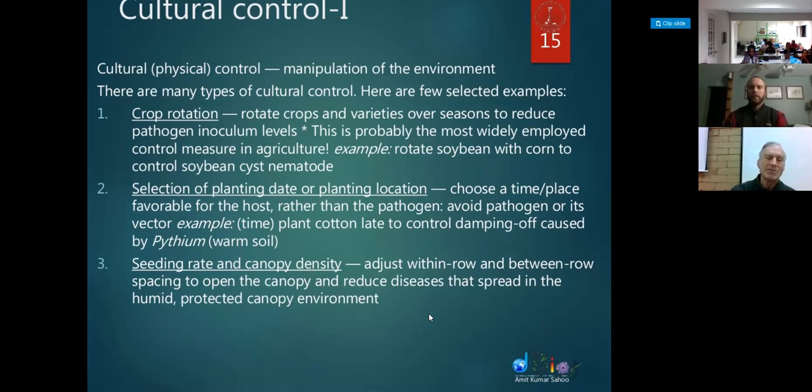But if you have some disease problems, it might be better to plant the plants farther apart so that there's more air circulation, so the plant will dry out faster after a rain, to prevent the development of disease. Does that make sense?